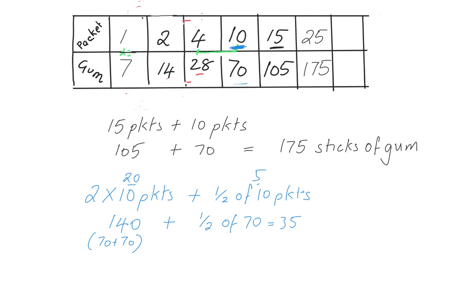So 140 plus 35 equals 175 sticks of gum. There's another way of solving the 25 packets.